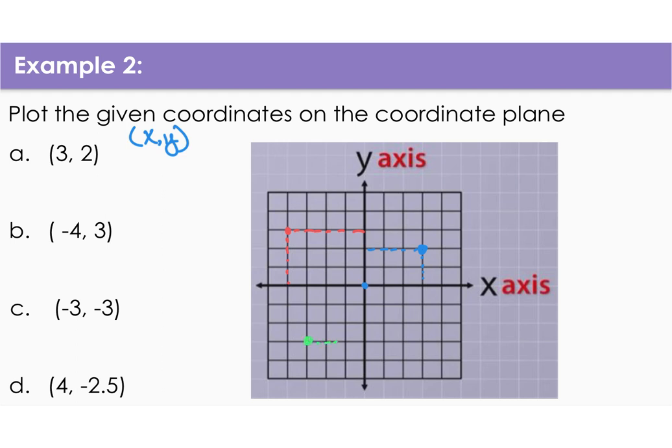So these are both at negative 3 on the X and the Y axis. And then (4, -2.5). That is going to be halfway in between negative 3 and negative 2.